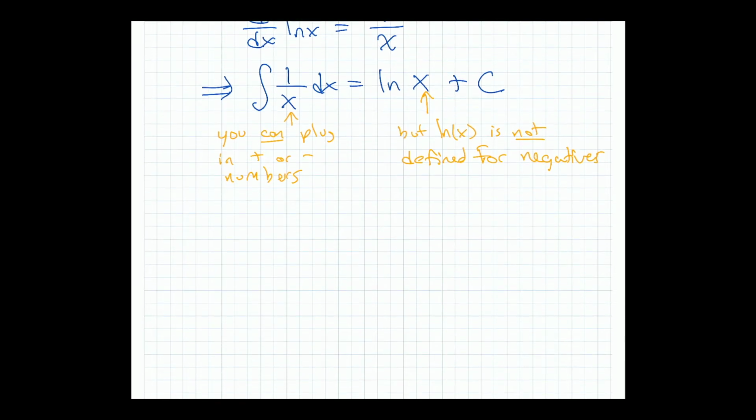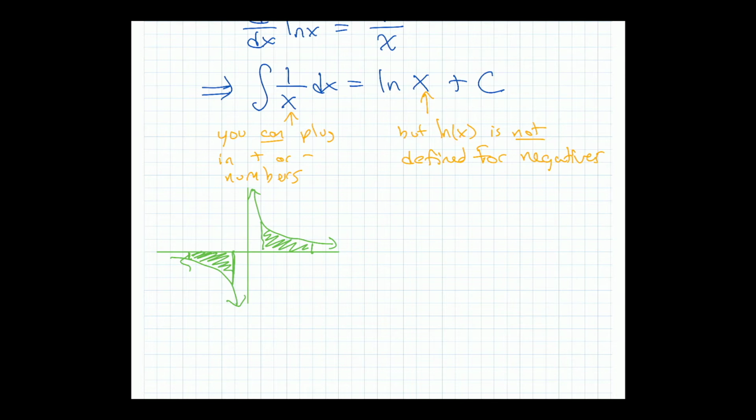Well, basically, the reason it happens, first of all, is because if you look at a graph of 1 over x, you have a graph over here on the right, and then you have a graph over here on the left, and they're basically just the same graph, okay? And so integrals are related to areas. And if you have an area over here, like that, and you have kind of the same area over here, like that, they come up the same.